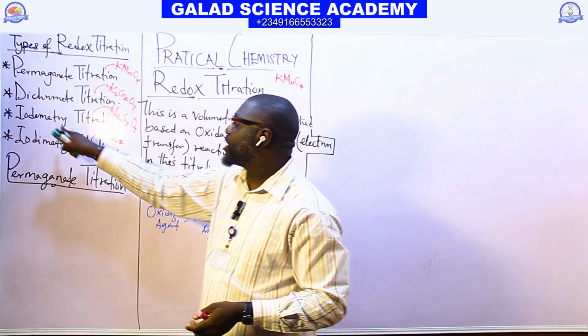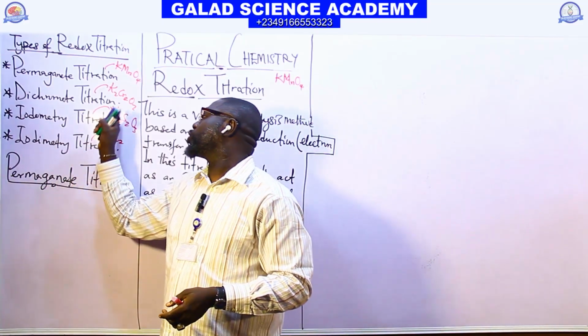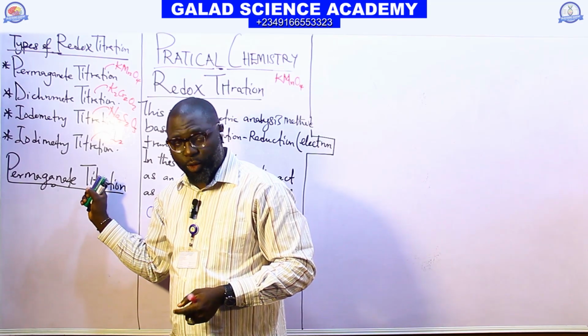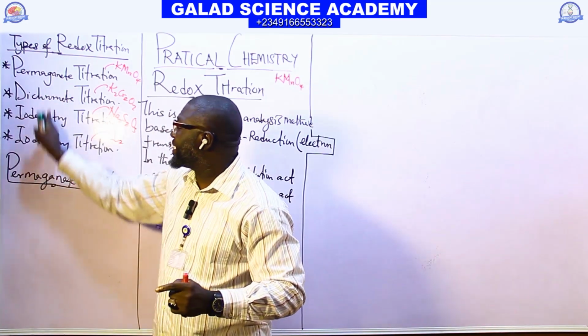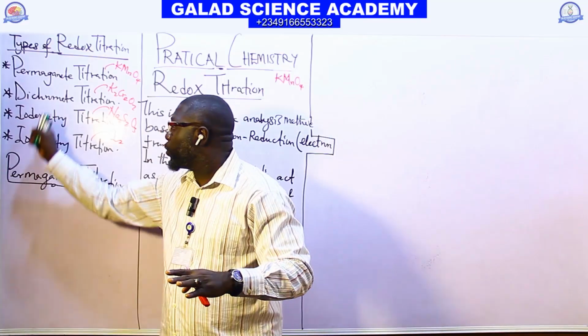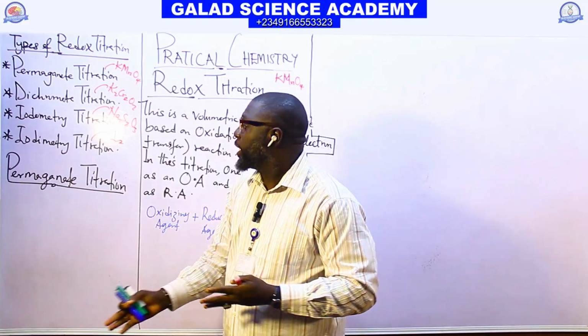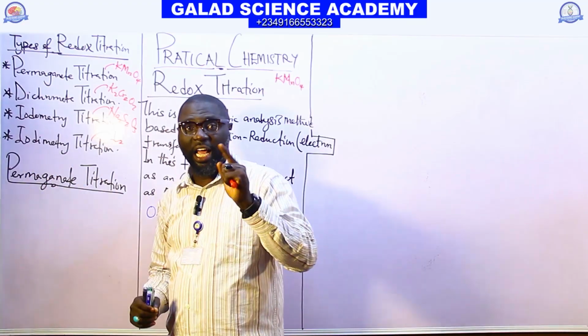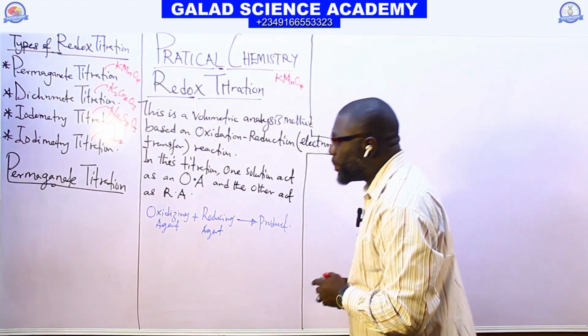But in iodometry, the reducing agent is not iodine, it is sodium thiosulfate. So that is the basic difference between the two types. You will understand the full difference between iodometry and iodimetry titration later.